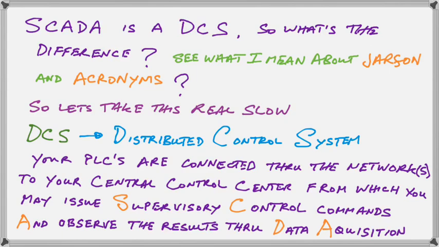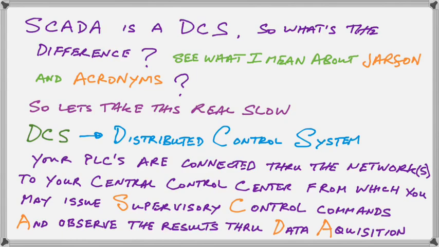So, what is the difference between a SCADA or a DCS system? Well, first you have to understand what those letters mean. The DCS just stands for Distributed Control System. That's all it is: a control system that has several nodes spread out over a wide area.